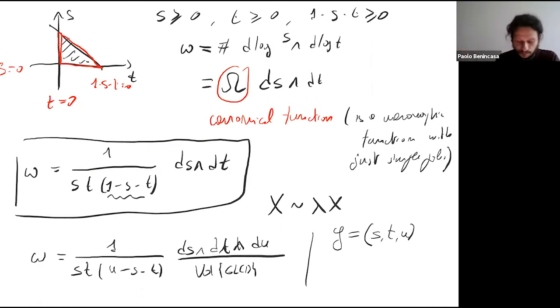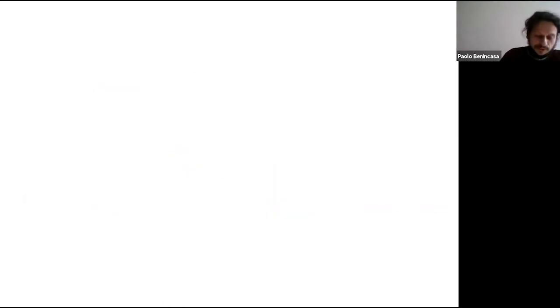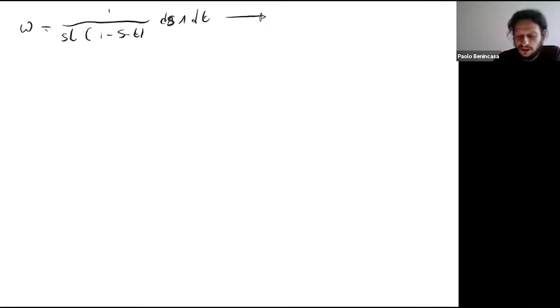So, for example, in this case, having u equal to 1 is just a specific choice of a patch. All this expression can be written in a projectively manifest way.